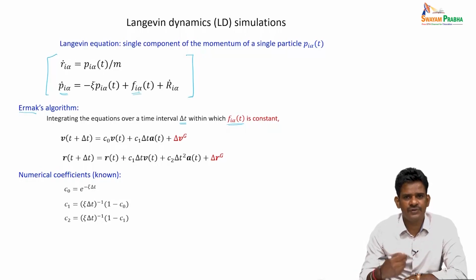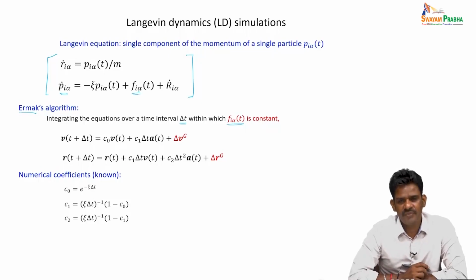As I said before, each of these algorithms will make certain assumptions, and because of that, the actual equations will take a slightly different form. But in Ermak's algorithm, we are making an assumption that over a small time step delta t, the conservative forces can be considered constant.